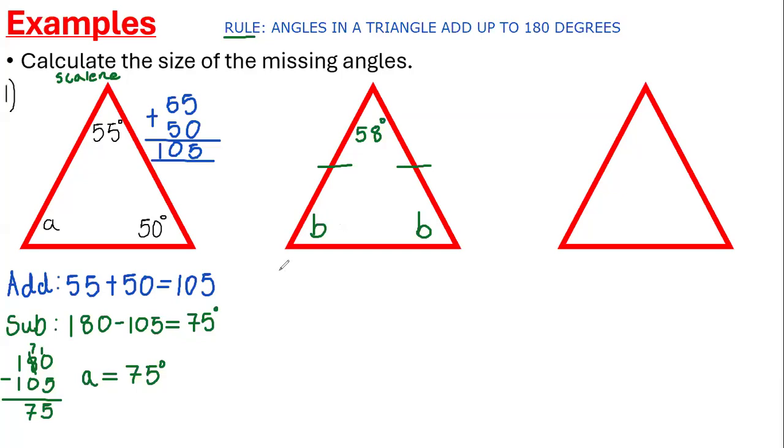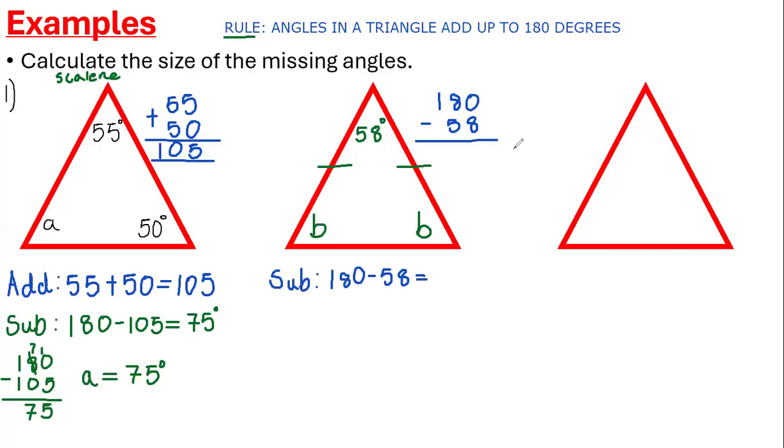We're gonna take away 180 and 58. That'd be 122. So 180 degrees minus 58 degrees. 0 minus 8 is what?